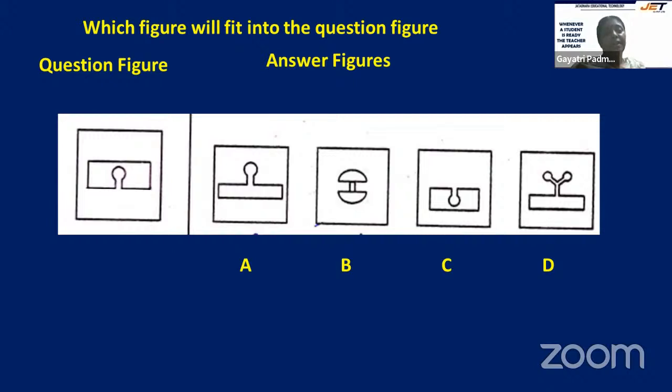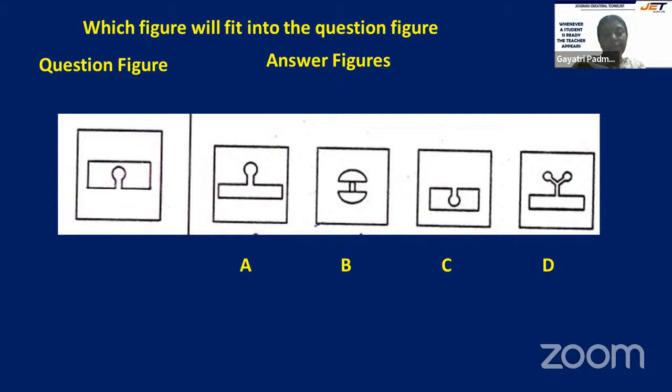Is it option A? You would have seen the question figure. Is it option A? Is it option B? Is it option C? Or is it option D? Not much time can be taken to answer such questions.